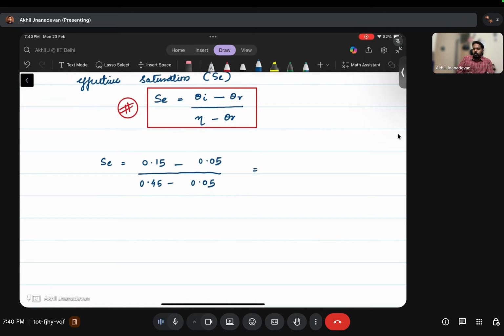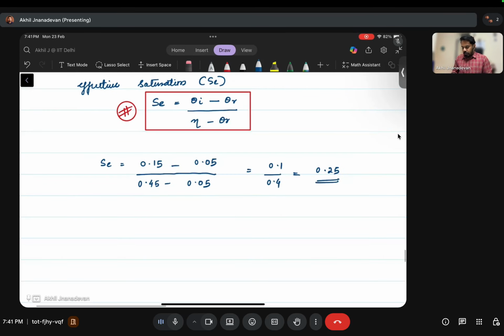So how much more moisture, in addition to the residual moisture, can be added to make it reach the porosity. So that comes out to be 0.45 minus 0.05. So this will become 0.1 by 0.4. That will be around 0.25.